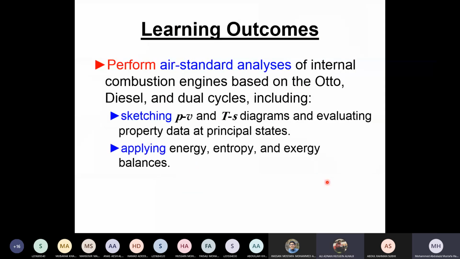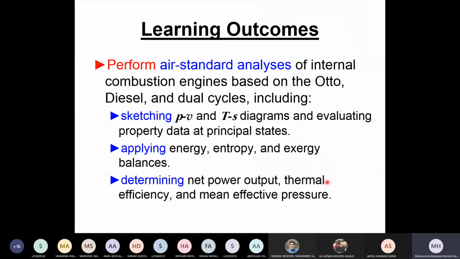Okay, what do we want to learn from that here is that we are going to sketch the PV diagram and TS diagram, apply the energy and exergy balances, and determine the power, thermal efficiency, and what we call the mean effective pressure. This is a performance factor. I want to calculate the power. When you buy a car, you are interested in the power. So this is one of the performance factors.